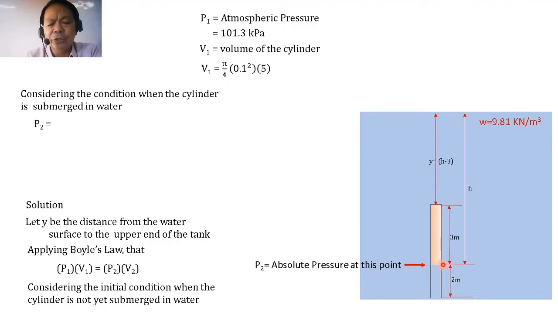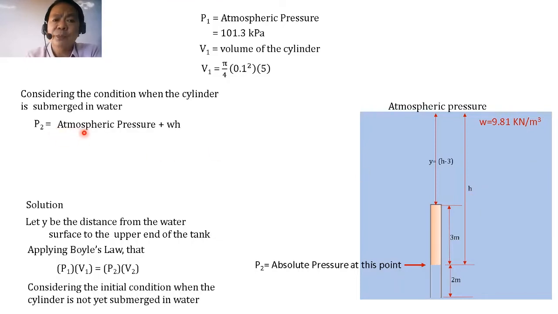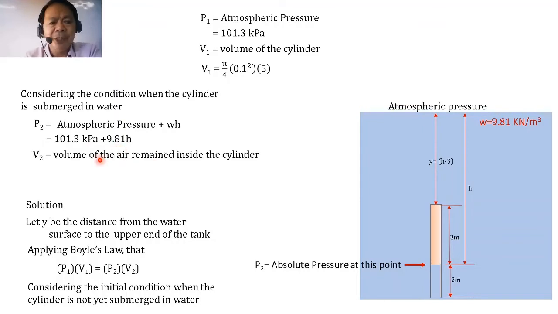And the pressure here will be equal to the absolute pressure at this point, which is the sum of the atmospheric pressure and the unit weight multiplied by the height. And so this pressure P2 will be equal to the atmospheric pressure plus wh, which is equal to 101.3 kilopascal plus 9.81 h. And our volume here will be equal to the volume of the air that remained inside the cylinder. It is actually this volume of the air.